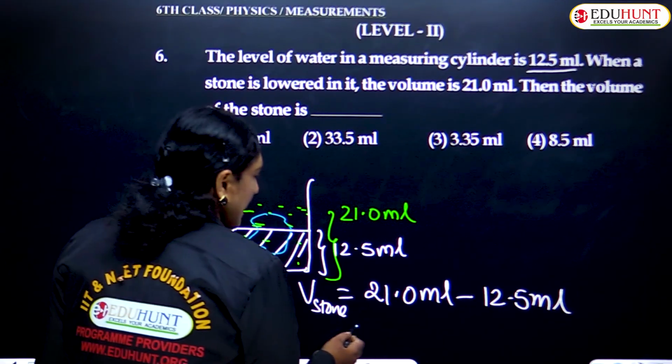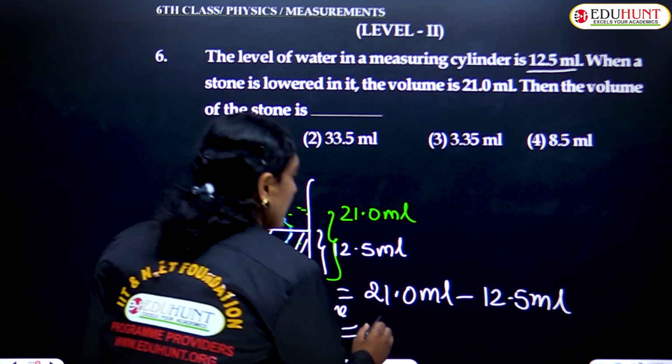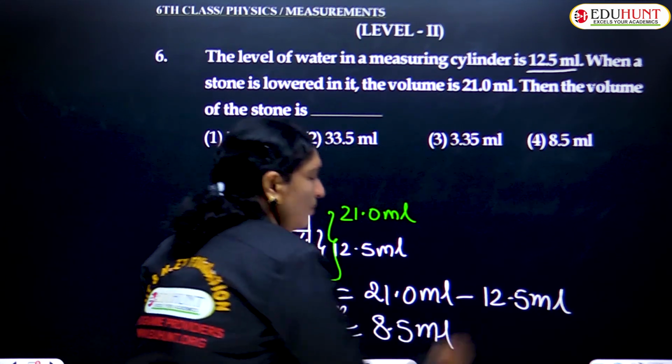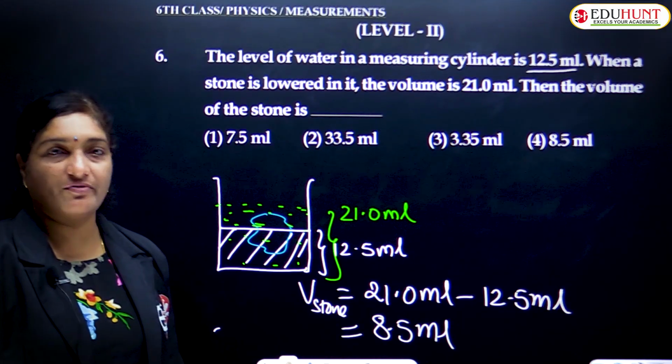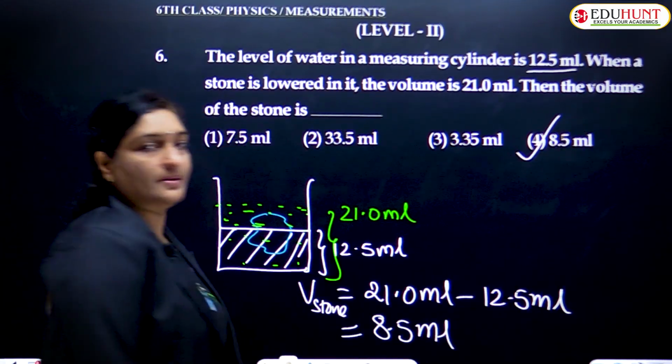And hence your answer would be, children, yes, 8.5 ml. 21.0 minus 12.5 is 8.5 ml. Here goes your answer.